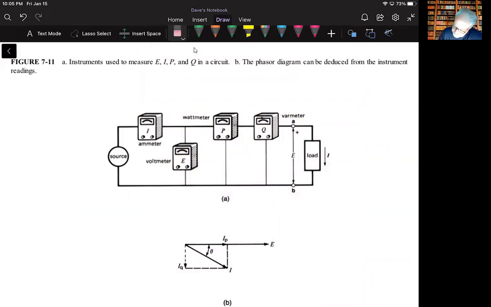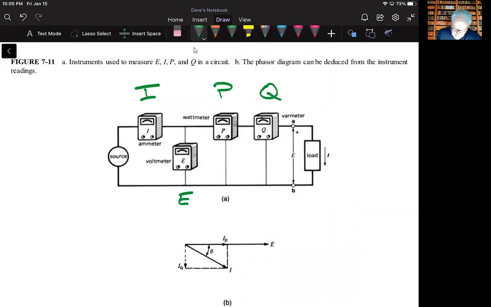All right. So there's a lot of stuff that we can do in relation to this. Let's go through and say, what is each thing measuring to begin with? The voltmeter is measuring voltage. The amp meter is measuring current. The wattmeter is measuring power in watts. And the var meter is measuring reactive power in positive Q vars, or vars.